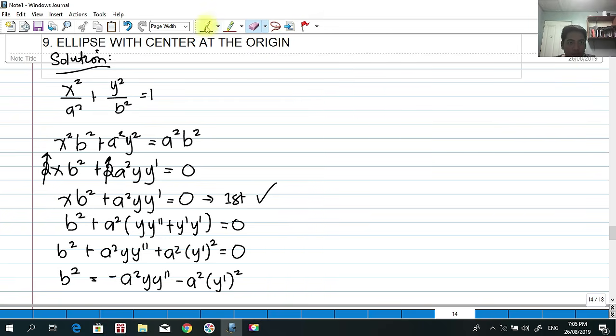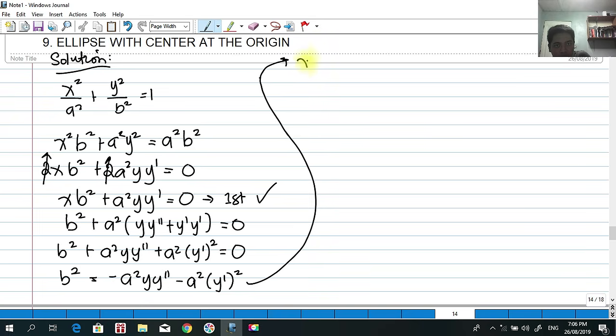So upon substituting there, we have x multiplied by the b squared, negative a squared y y double prime minus a squared y prime squared, plus a squared y y prime is equal to 0.